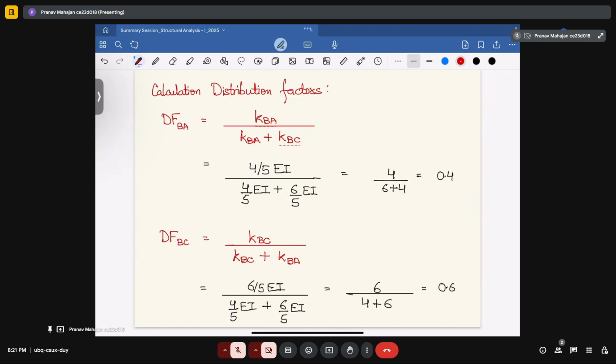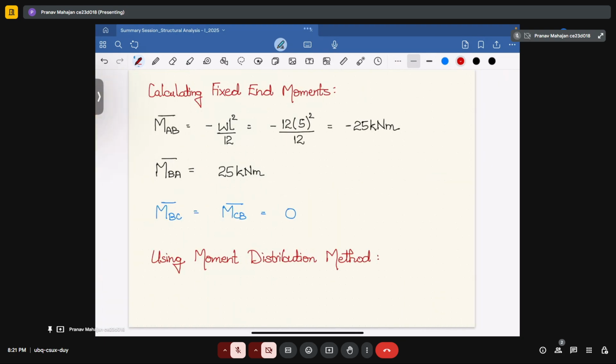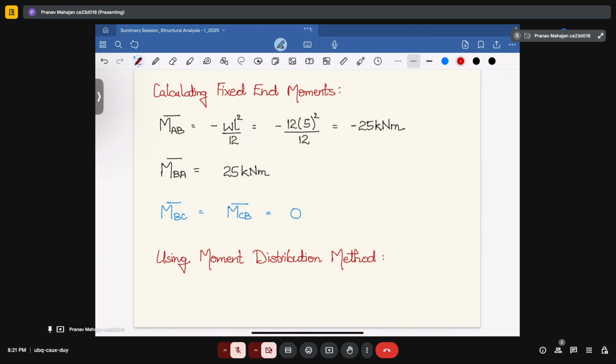Now, the distribution factor will depend upon the stiffness of BA at that particular point divided by the total stiffness. If you do that, for the case of BA it will come out as 0.4, and for BC it will come out as 0.6. In the next step, you will calculate the fixed end moments.